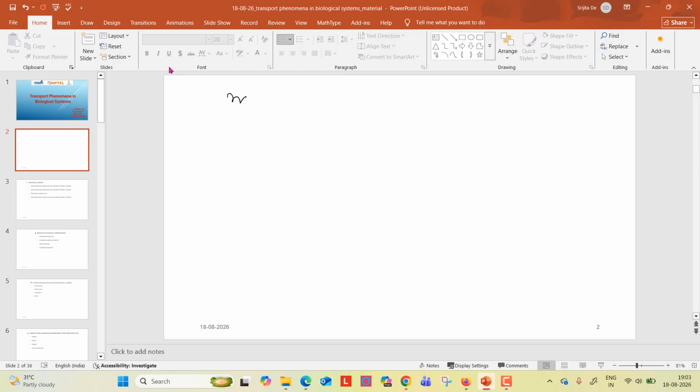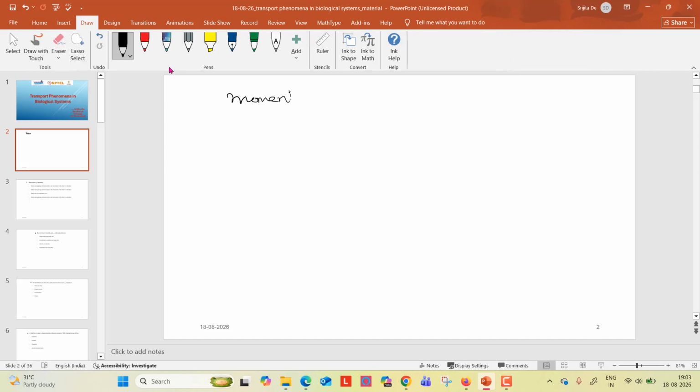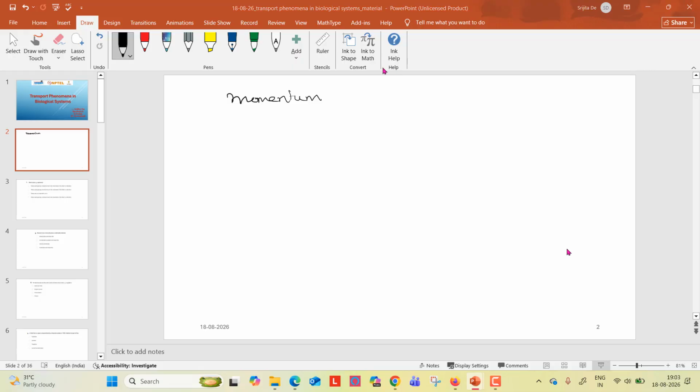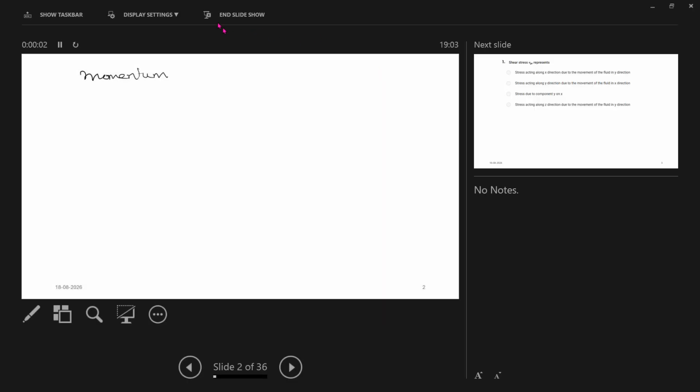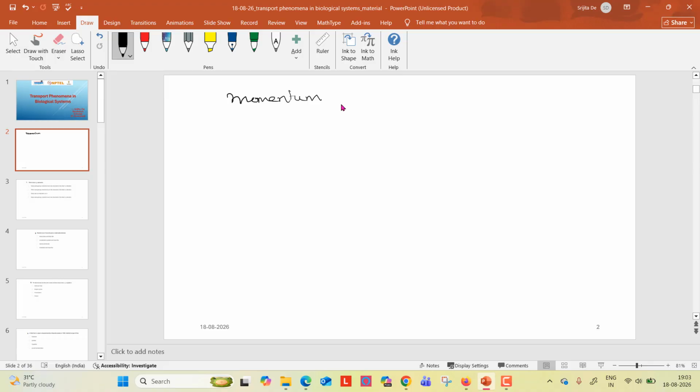So, momentum is mass into velocity, right? It is m into v.